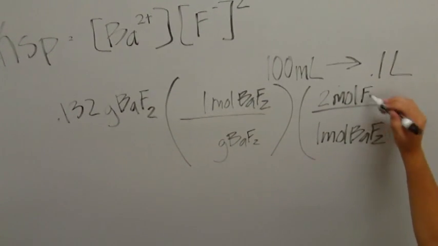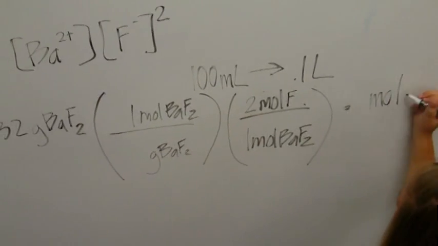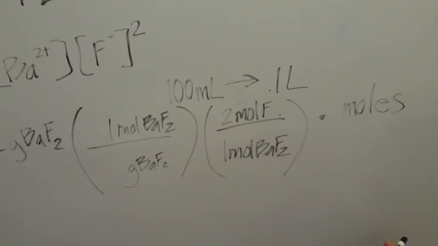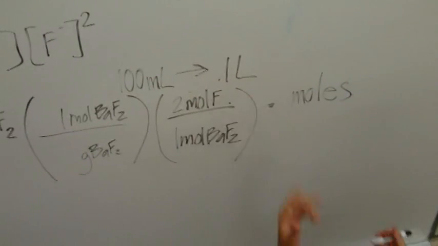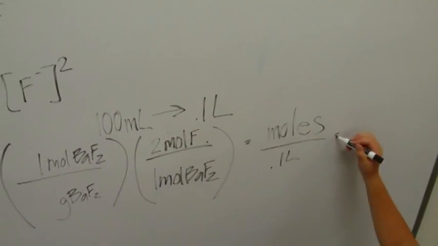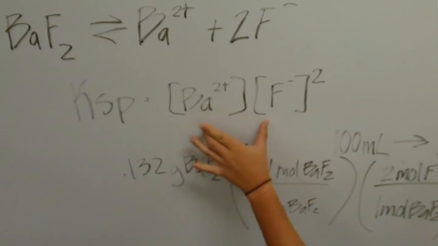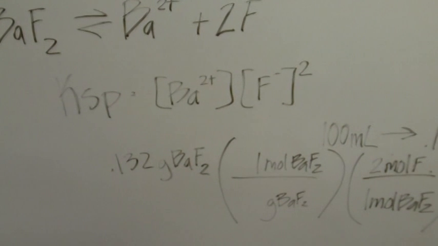And so then you'll have moles, which is what you want. And because they gave us the milliliters, you convert to liters, divide that by 0.1 liters, and you'll have your concentration for each of these compounds, and just be able to do algebra and work it out.